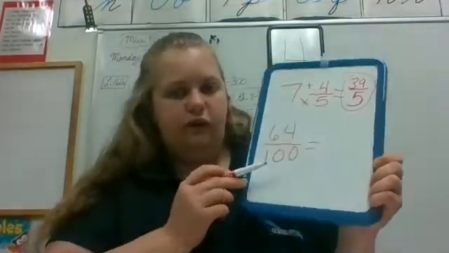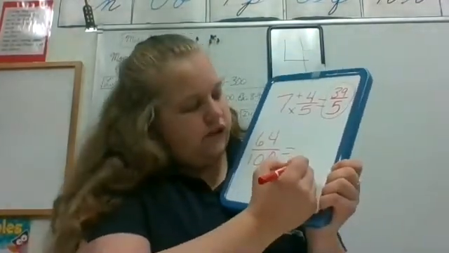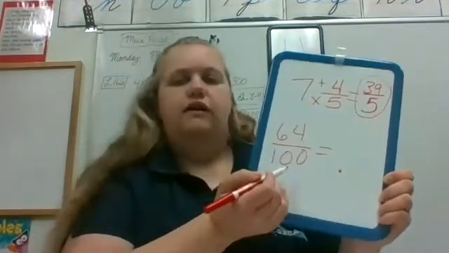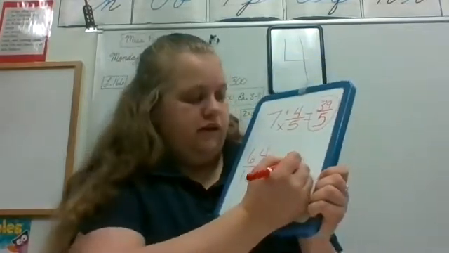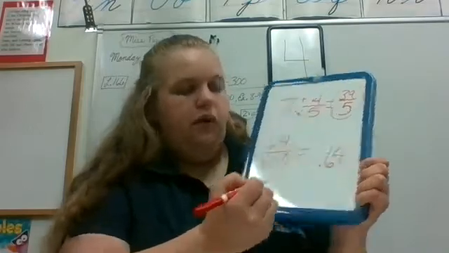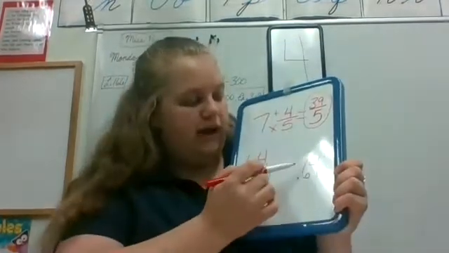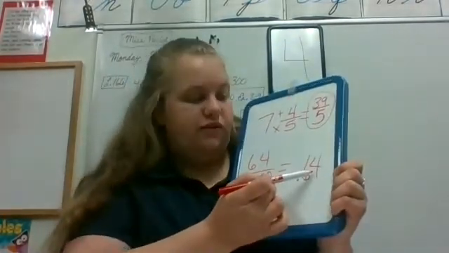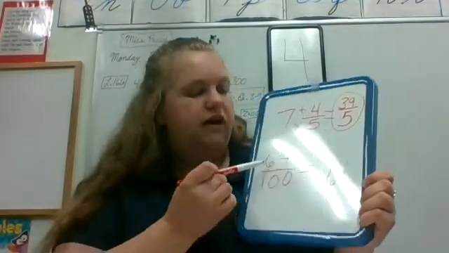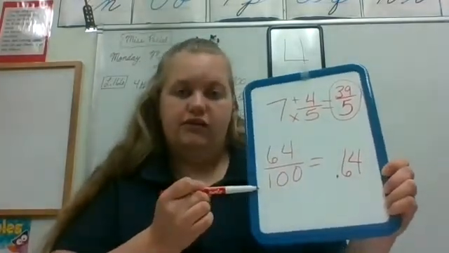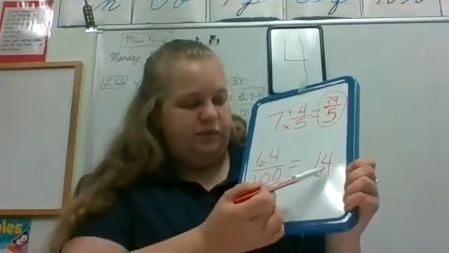Okay, 64 over 100. We have 2 numbers and 2 zeros, right? 0.64. This is read 64 hundredths. Remember, because this is the hundredths spot, we say 64 hundredths. We're going to put 0.64.